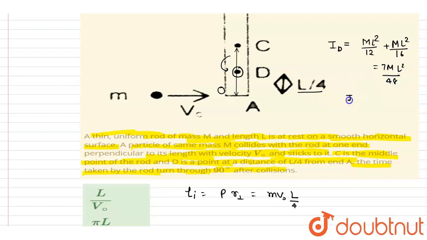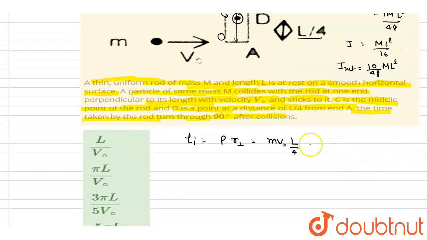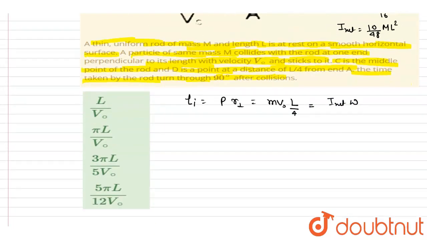The particle has a moment of inertia m L square by 16 again, so that is 3 by 48. So this plus this, 7 by 48 plus 3 by 48, is 10 by 48. Now I will equate the angular momentum, it is equal to I net into omega.